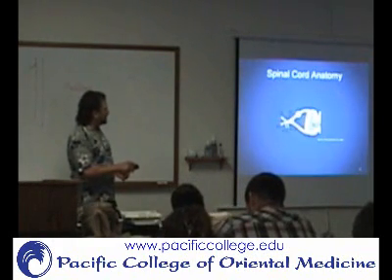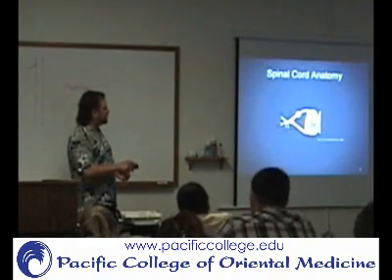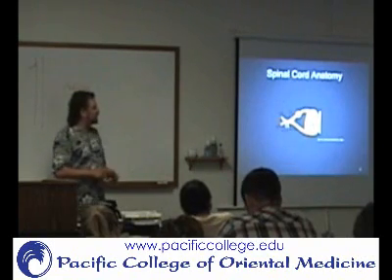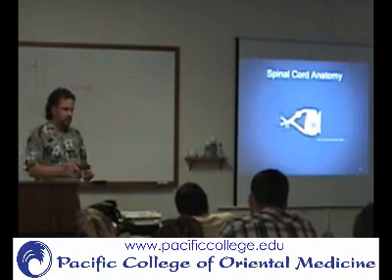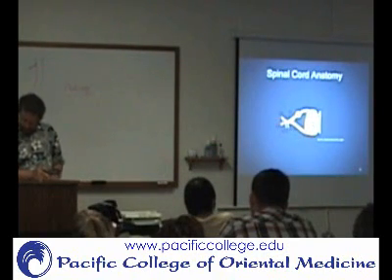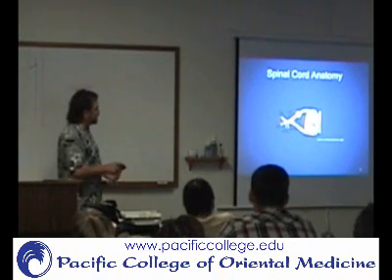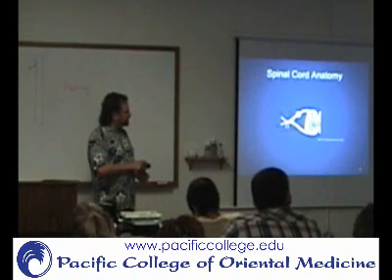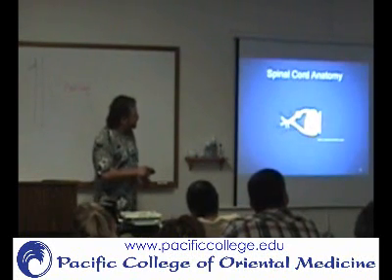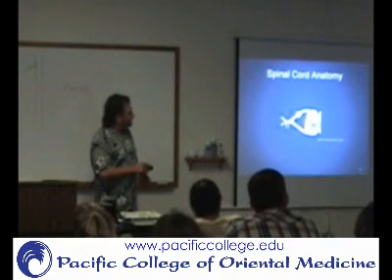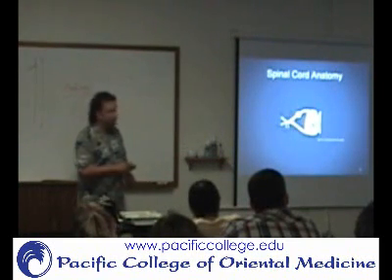So you're going to have the gray matter here, and then the white matter around the outside. And so then you're going to have the ventral horn and the dorsal. Actually, in the gray matter, you have the ventral horn and the dorsal horn.